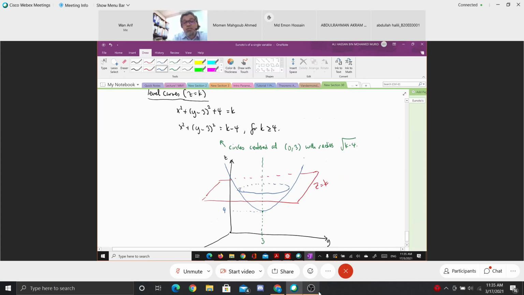So this shows that the surface is a paraboloid. Something like this. So that is the sketch.